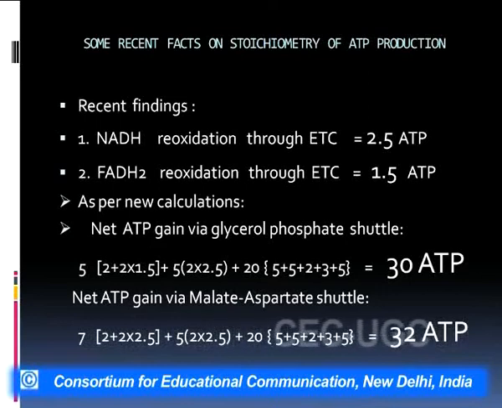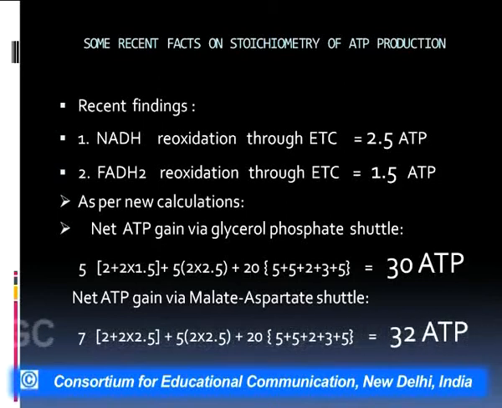We were all the time fighting between 36 and 38. Now, the matter is altogether different. As per new calculations, wherever we had 3 as far as 1 NADH was concerned, we have 2.5. Wherever we had 2 for FADH2, we have 1.5.